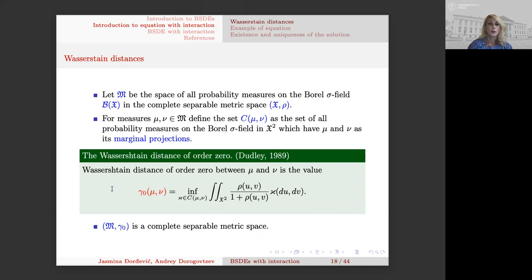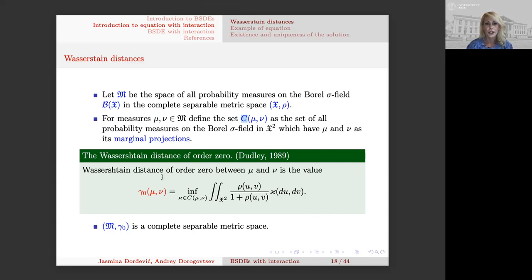Okay, for the proof, we need to introduce Wasserstein distances, given by Dudley in 1998. So if this calligraphic M is a space of probability measures on the complete separable metric space (X, rho), then furthermore, for two measures mu and nu from M, we will denote by C the set of all probability measures which have mu and nu as the marginal projections.